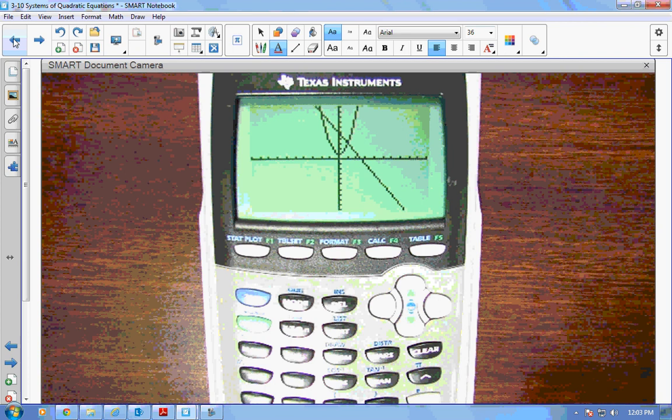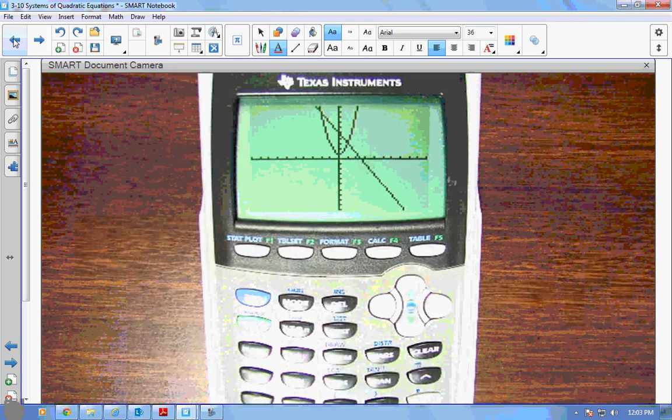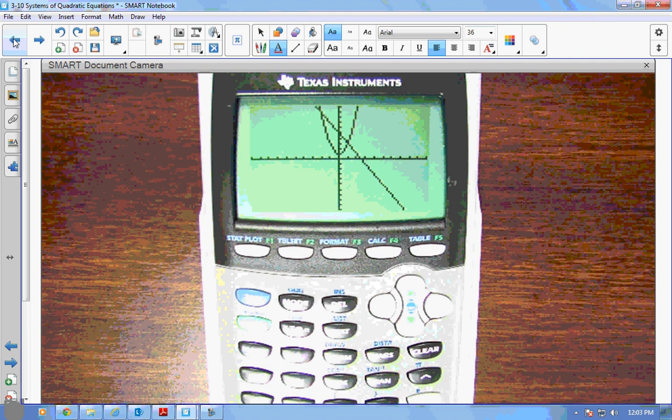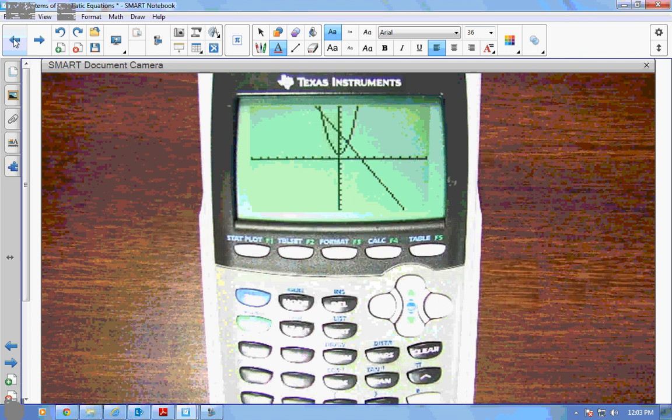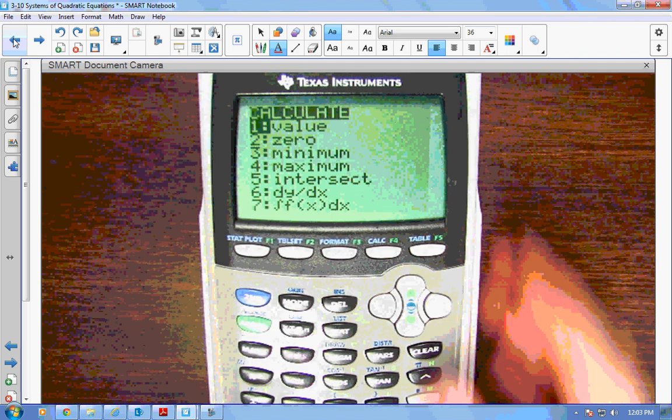All right, look along the top line and see if you can find a calculate feature. Oh, right there. It's right above the trace, and it's in blue. So you should go second, trace.